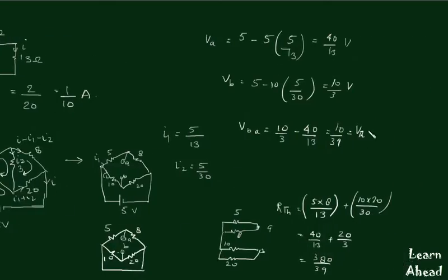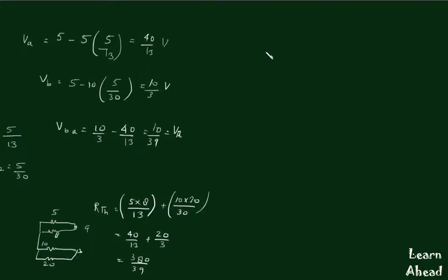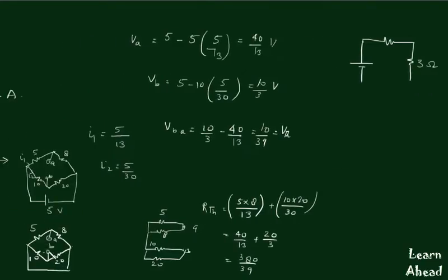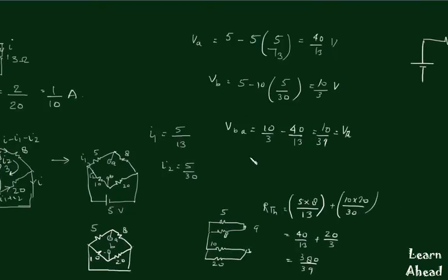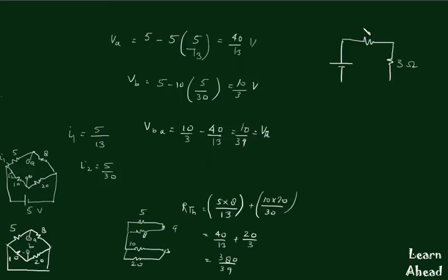So this whole network has been converted into its Thevenin's equivalent network containing a voltage source and a resistor in series, and now we connect the actual resistance across which we were interested in finding current, that is 3 ohm. This is RTH equal to 380 by 39, and VTH is 10 by 39.